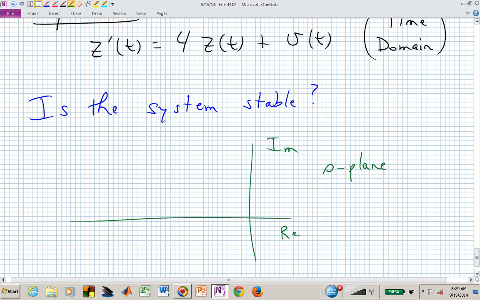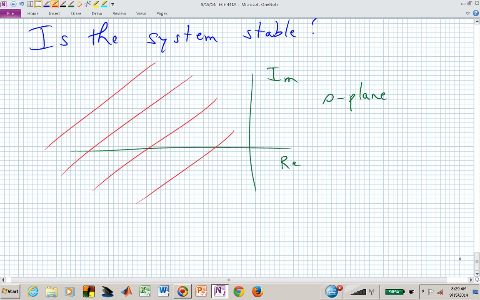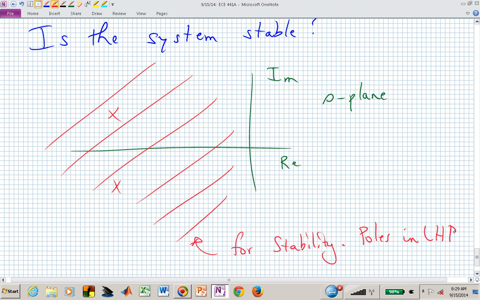If we're looking for stability, we want our poles, if you're wanting to text this, you can just say, okay, the poles are in the LHP, in the left half plane.